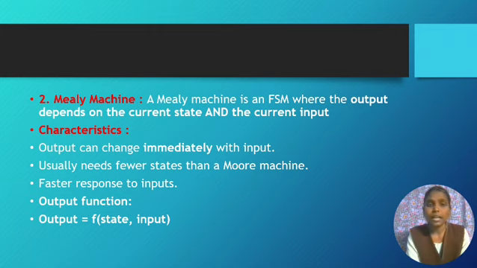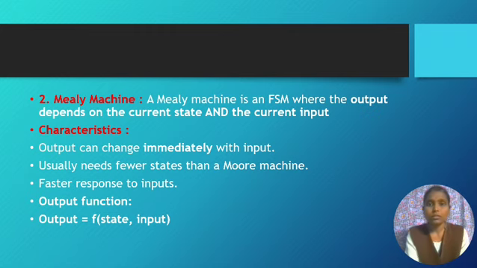The characteristics of Mealy machine: output can change immediately with input, usually needs fewer states than a Moore machine, faster response to inputs. And the output function of Mealy machine is output equals f of state plus input.